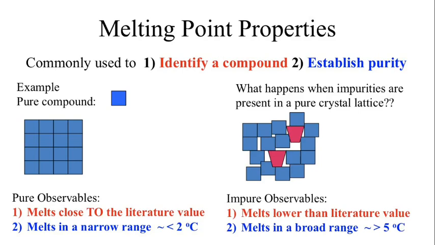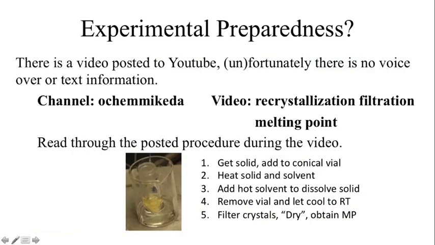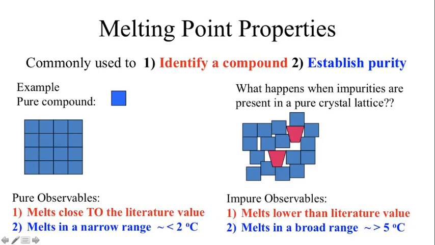That's just due to how the impurity disrupts the crystal lattice. And then I also expect the range over which it melts to be much, much broader. That's typically where I would go with greater than 5 degrees Celsius. That's why I liked the less than 5 degrees before.